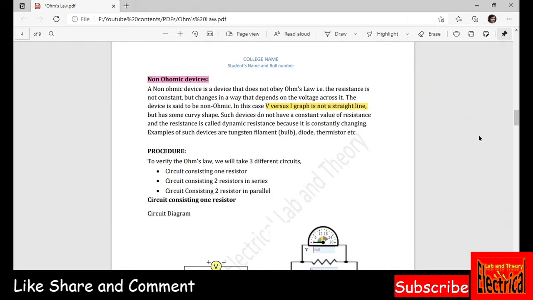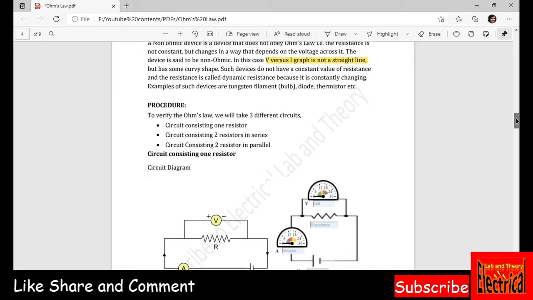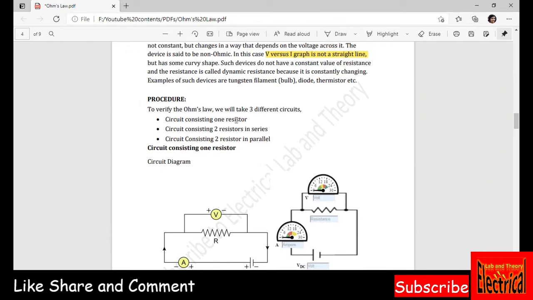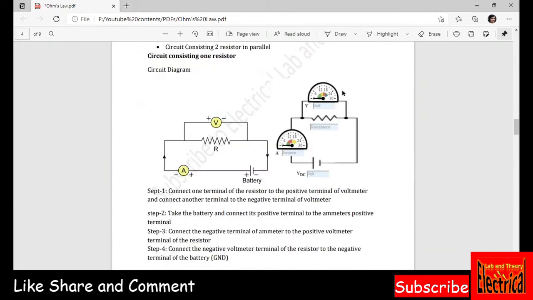Okay, now the procedure. We have already discussed that we will verify Ohm's law in three different circuits. One circuit consists of one resistor only. This is the voltmeter which I have put across the resistance and an ammeter in series with the resistance.